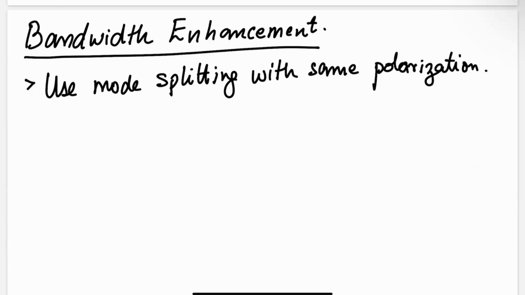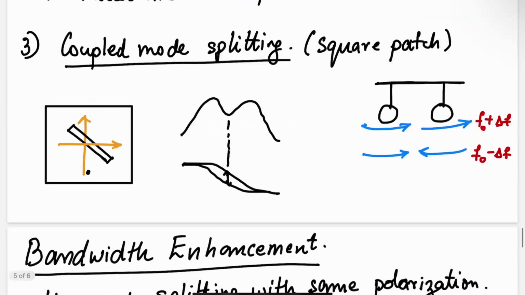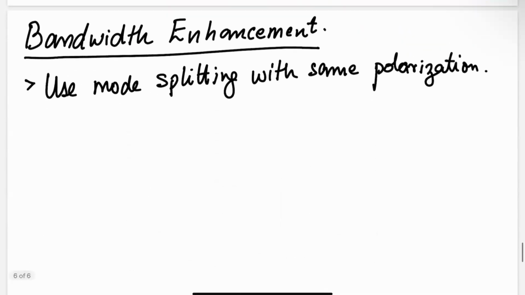If you have two different polarizations, then you get circular polarization. But we saw here that you can get broader bandwidth than just a single element because of this mode splitting behavior. There are many techniques to do that, which are all broadly classified as mode splitting techniques.